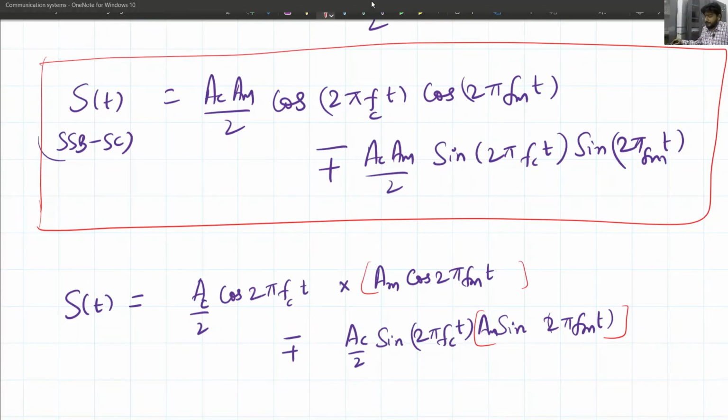Now looking at this equation, we know that this is our message signal m(t), right?